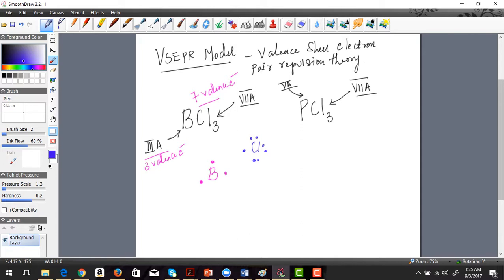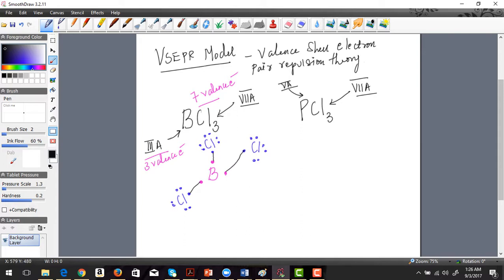So let's draw the 3 chlorines that we have. Each chlorine has 7 electrons, so we split them into pairs of 2, and we are left with an odd electron. Keep in mind, it's the odd electron that's going to bond with the odd electron from the boron. So let's bond them. It's what we learned.